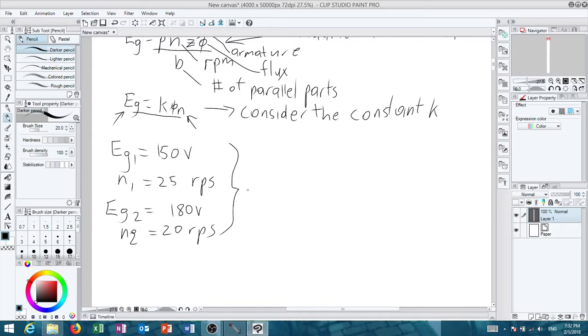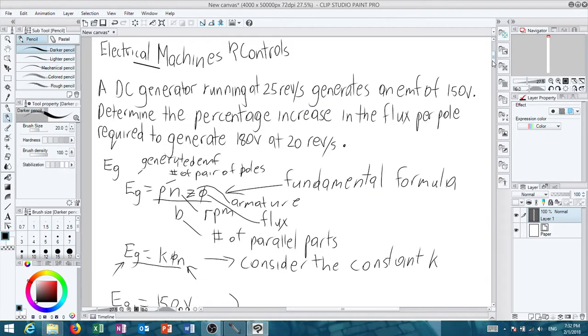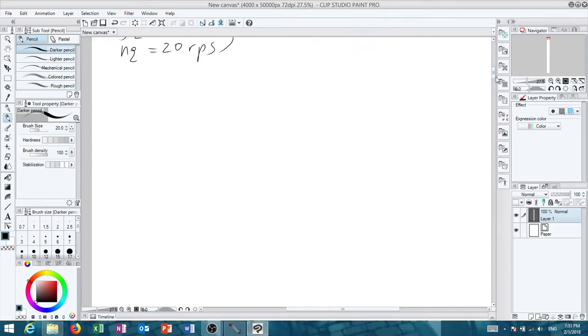So we have two sets of values here. Based on what the question's asking, we need to find the percentage increase in the flux per pole required to generate 180 volts at 20 revolutions per second.